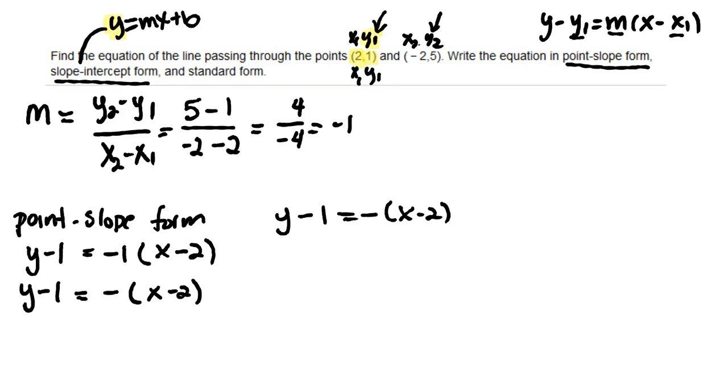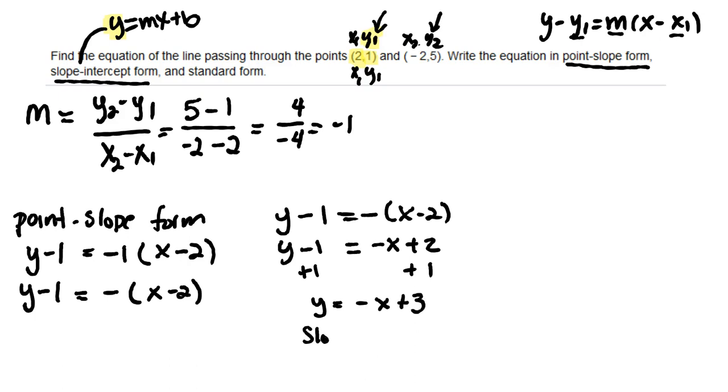So I'm going to distribute that negative to give me negative x plus 2, carry down the y minus 1. Now to get the y by itself, I add 1 to both sides. That gives me y equals negative x plus 3. So that's my equation in slope-intercept form.